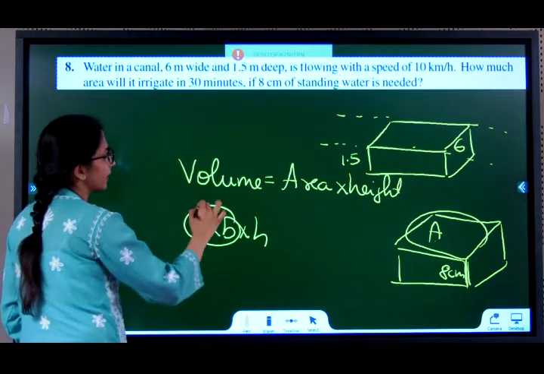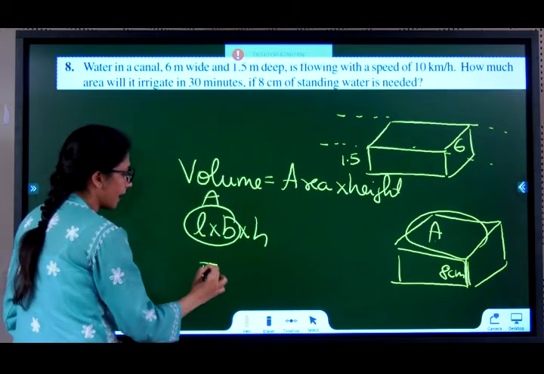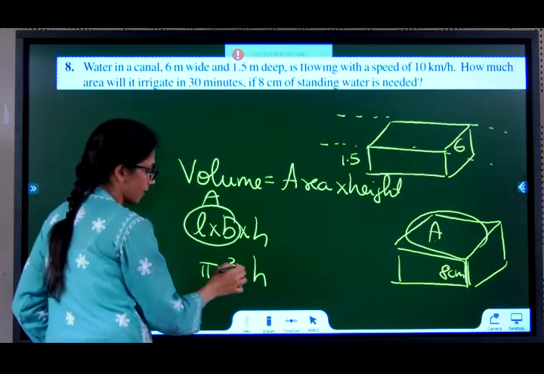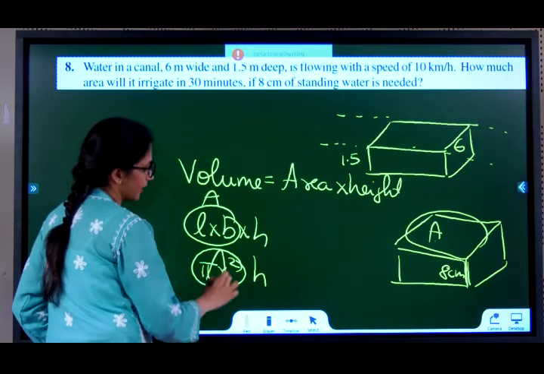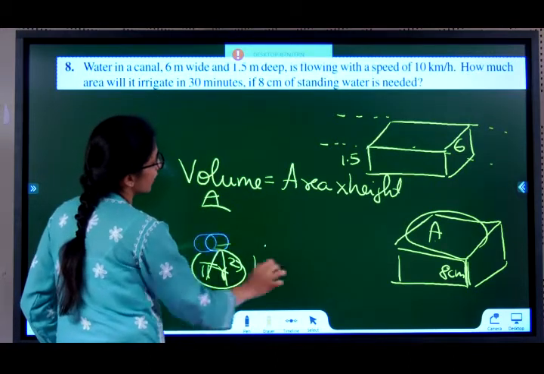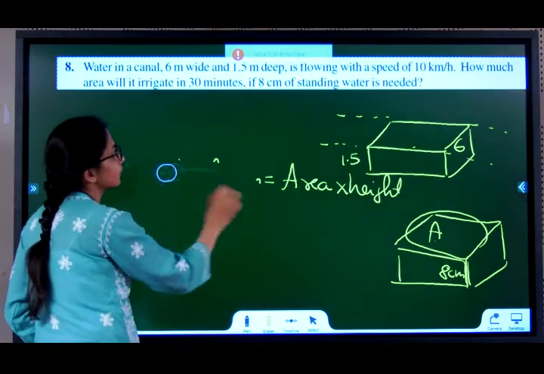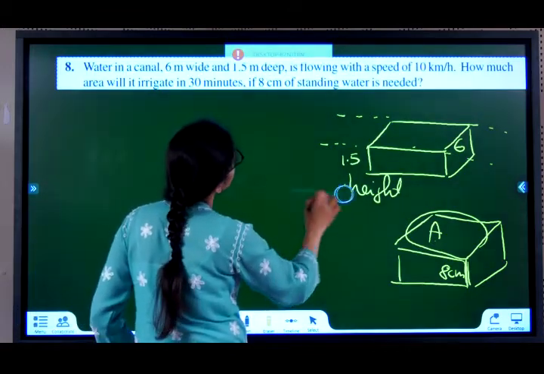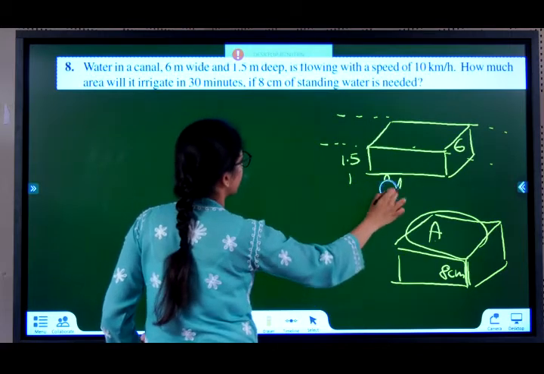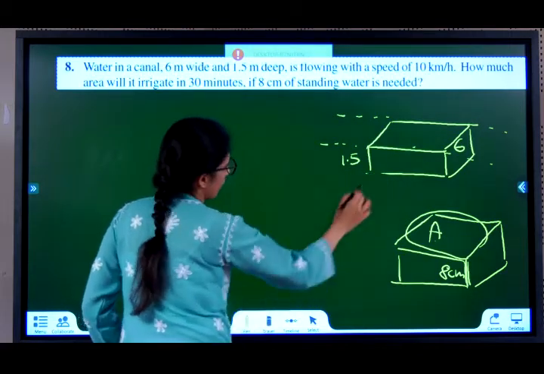What is L into B? Area. Pi r square H is the cylinder; pi r square is the area. In short, volume can also be written as area into height. So in this question, they are asking us to find the area. I hope it's clear.